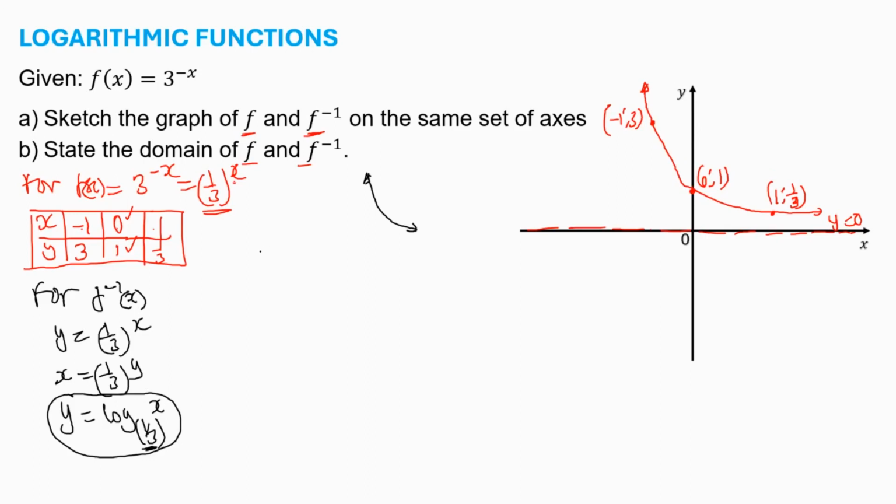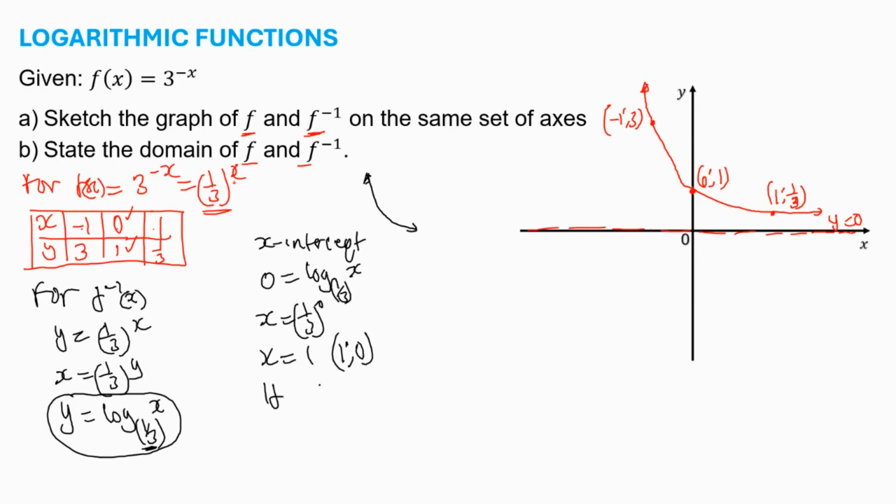And then let's find the x-intercept. It's going to be 0 is equal to log x to base 1 over 3, meaning that x is equal to 1 over 3 to the power 0. X is equal to 1, therefore the x-intercept is 1, 0. Okay. Then any other point, let me show you the other method, which is very fast.